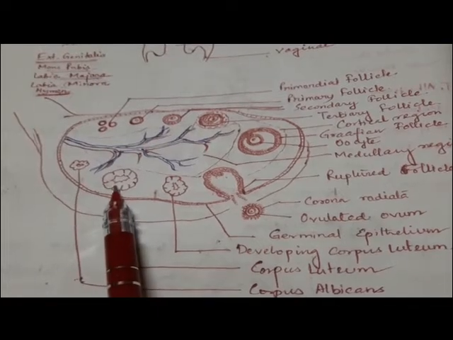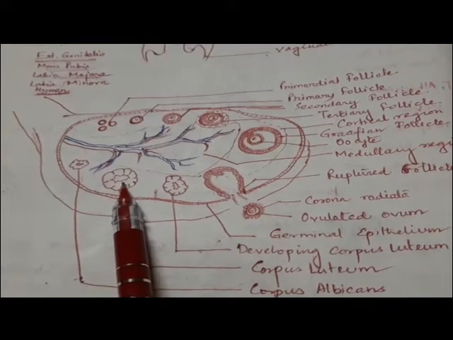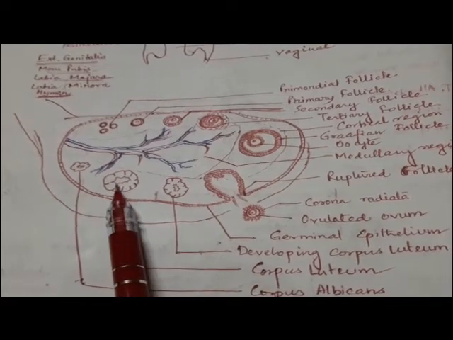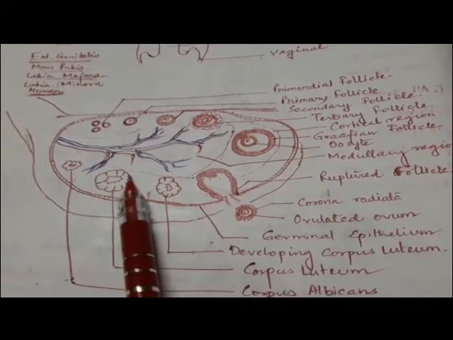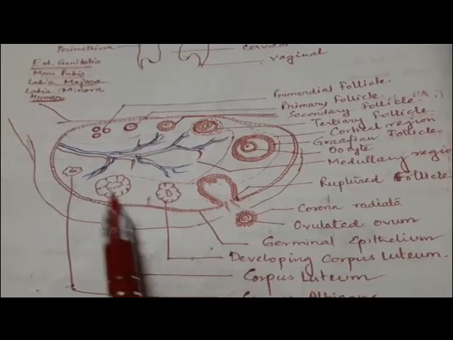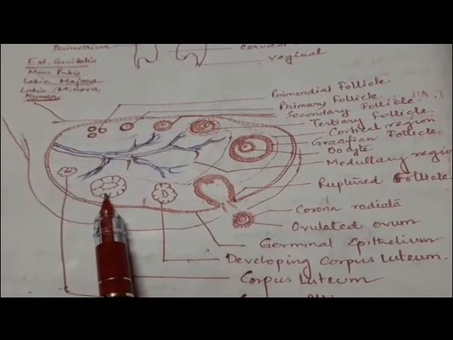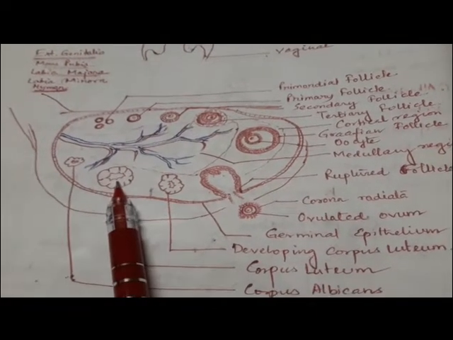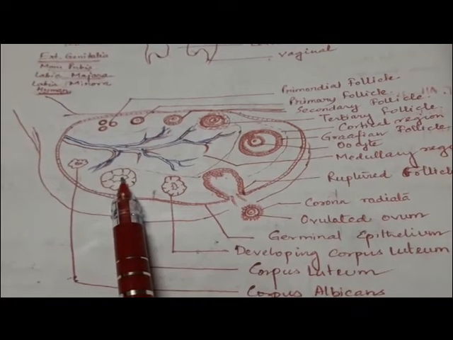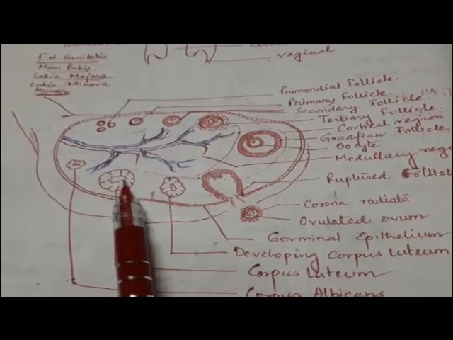The yellow color is because of lutein. That structure, the corpus luteum, helps in the secretion of progesterone as well as a small amount of estrogen also.